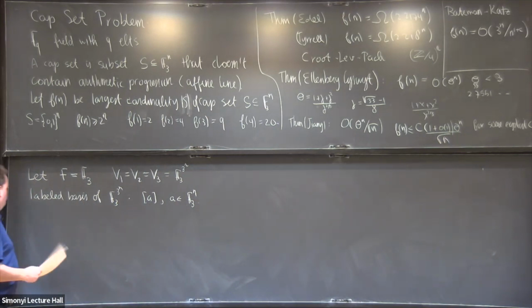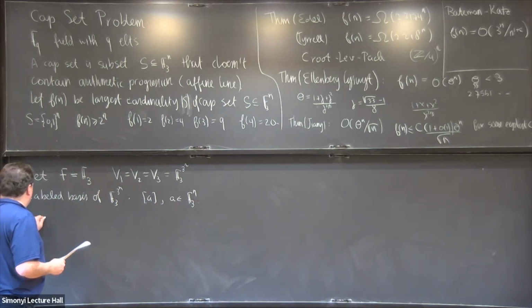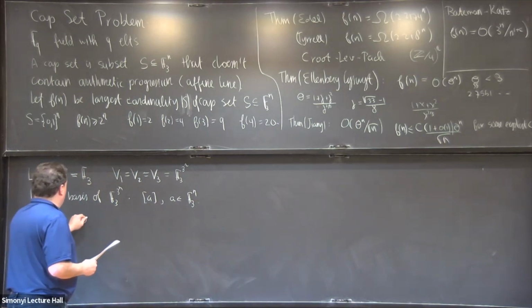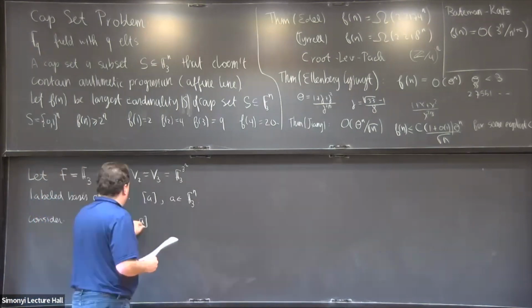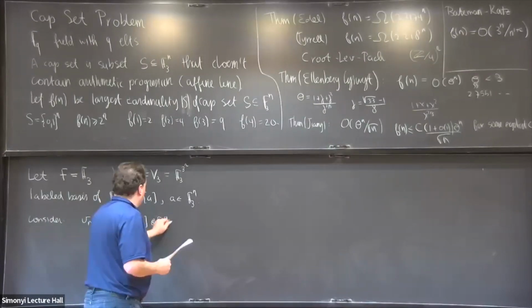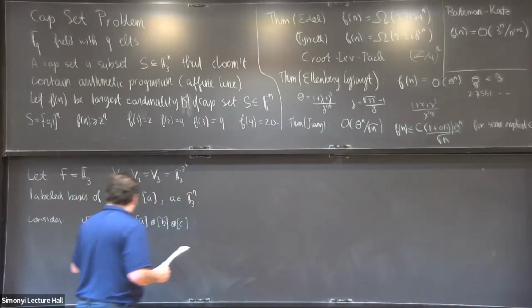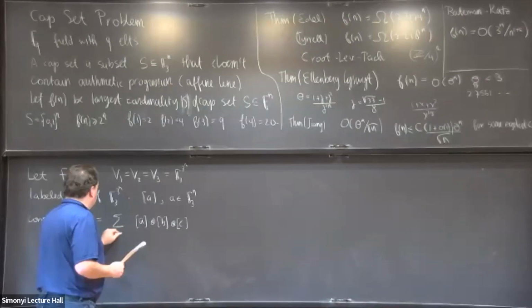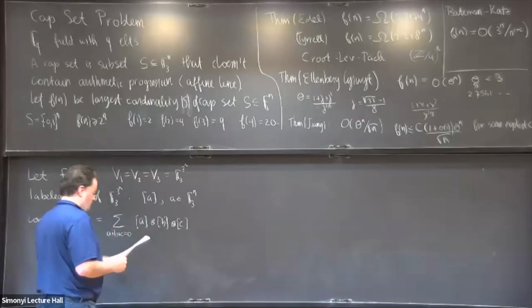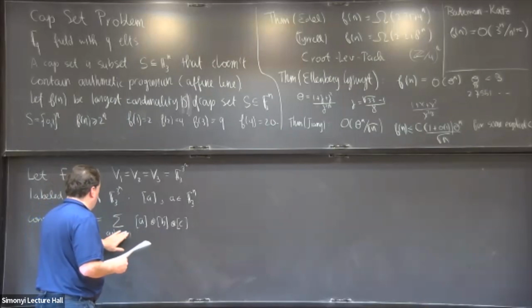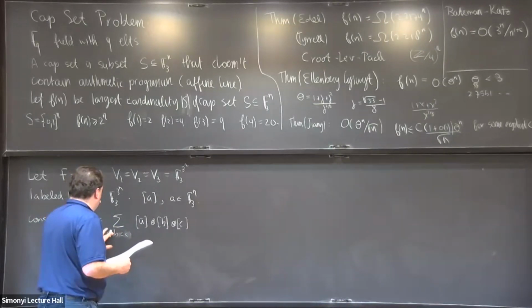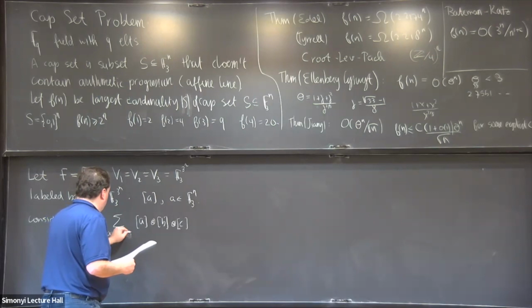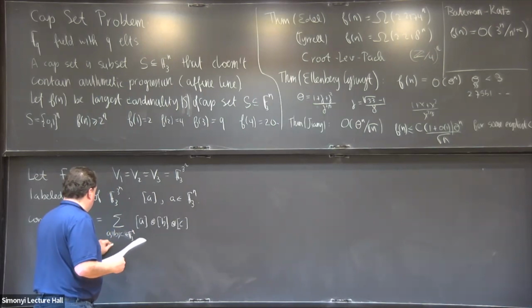So now consider the following tensor. Let's call it Vn. The sum of a tensor b tensor c, where a plus b plus c is 0. Of course, they lie in F3 to the power n, and the sum is equal to 0.